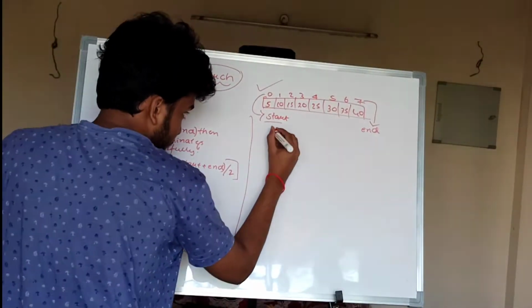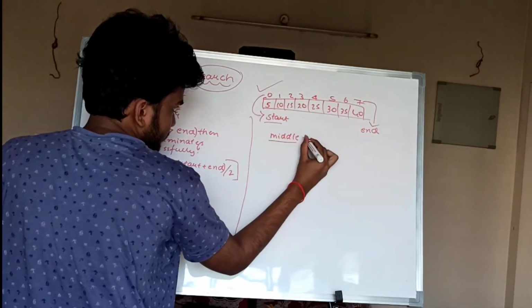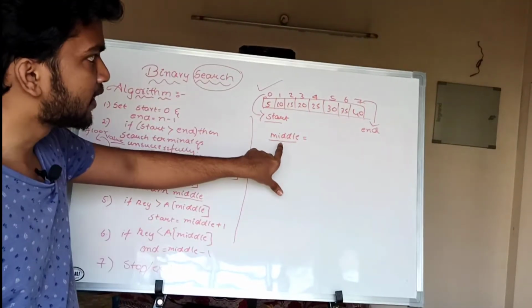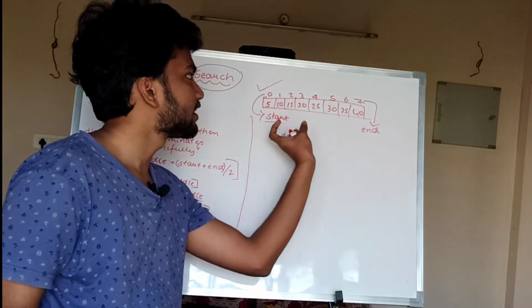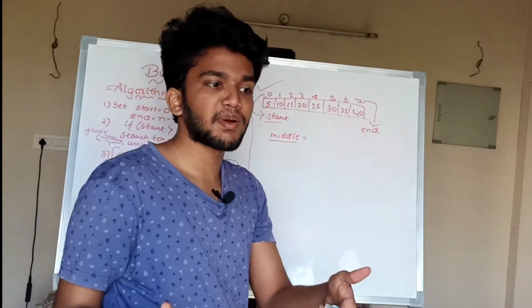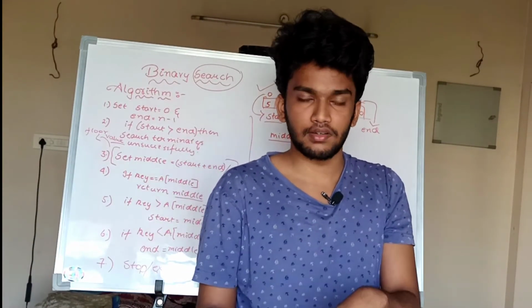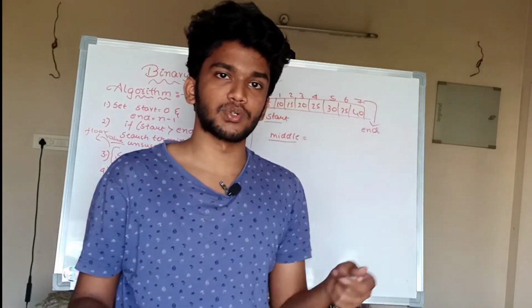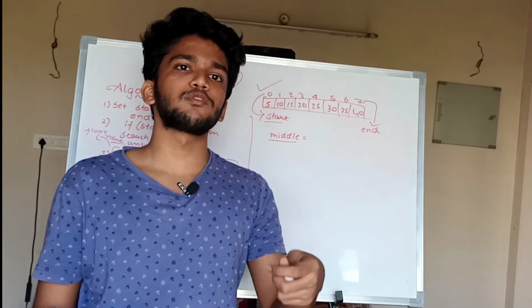Now we will calculate the middle index number. Middle means not the value present here; we are calculating the middle index number. An array might have size 10, from 0 to 9. When we apply the middle function, 0 plus 9 by 2, we get 4.5.